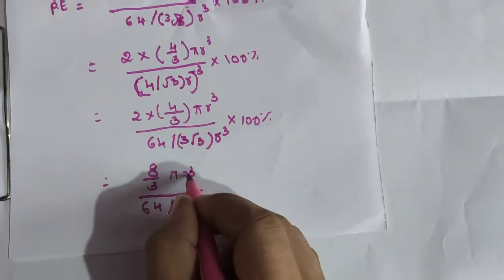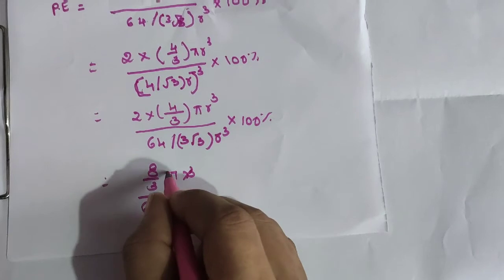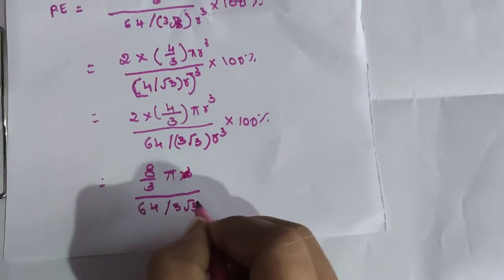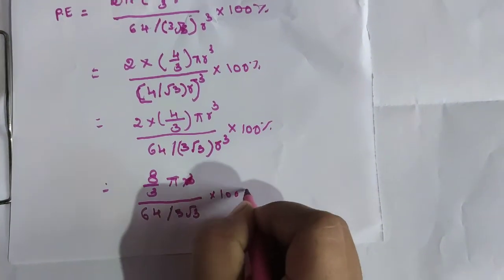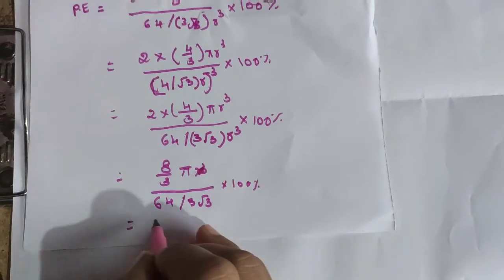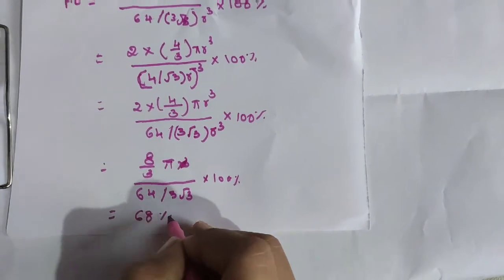Here r cube will get cancelled out, so on simplification 8 by 3 pi divided by 64 by 3 root 3 into 100 percentage, and finally on simplification you will get 68 percentage.